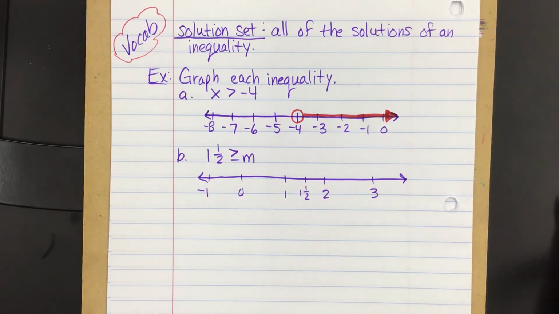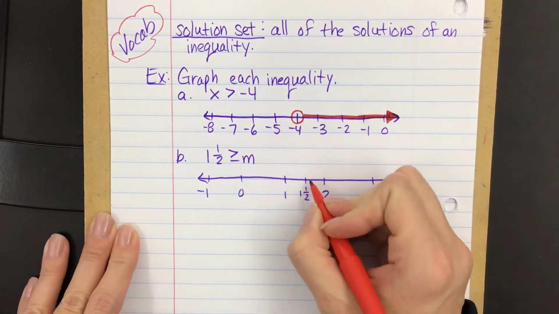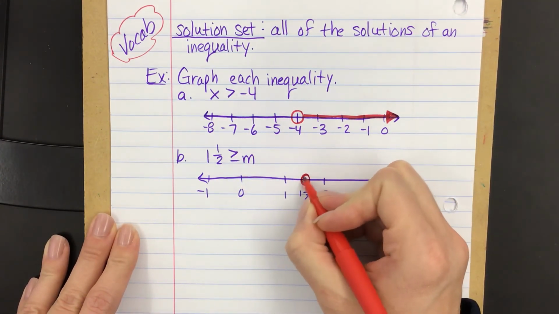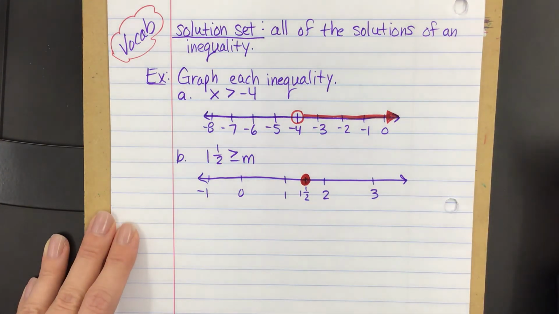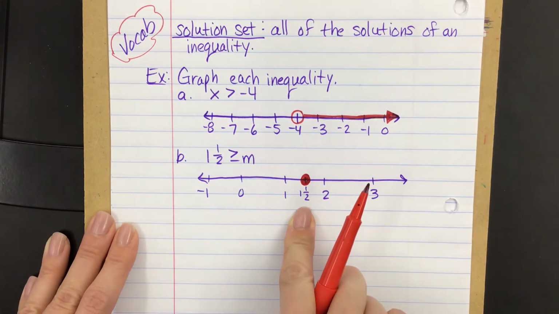Mine aren't perfectly spaced out. Now in this case, can 1.5 be a solution? Yeah, because it's equal to, right? So the way that we show that 1.5 can be a solution is we fill in a solid circle on our number line.